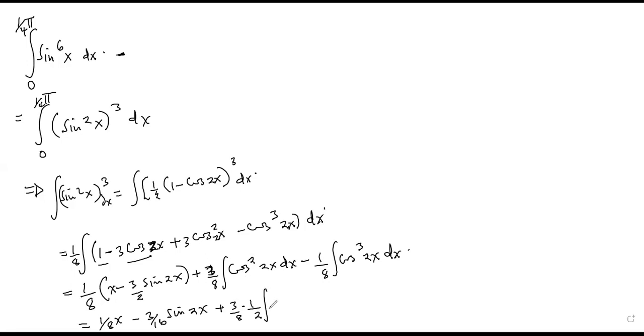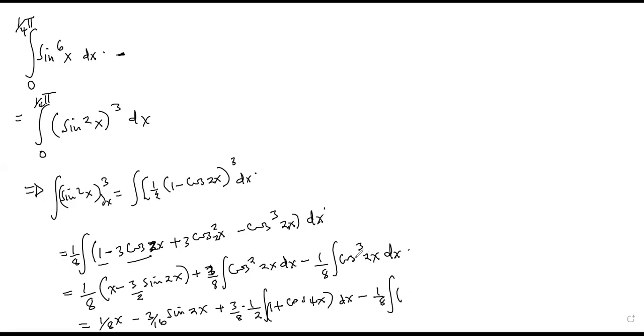A half, then integral cos squared is going to become 1 plus cos, but this one will become a double angle, it will be 4x dx, then minus 1 over 8 integral.